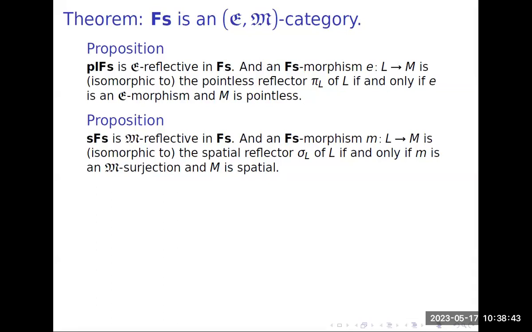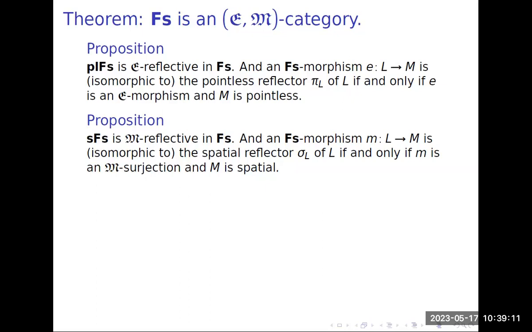We had already remarked that the pointless frames were reflective in frames, but when you restrict to skinny morphisms, that becomes an E reflection. So the arrow is actually necessarily one of these fractor E morphisms. Okay. And likewise, the spatial arrow becomes one of these fractor M morphisms. Right? That's information that we didn't have before.